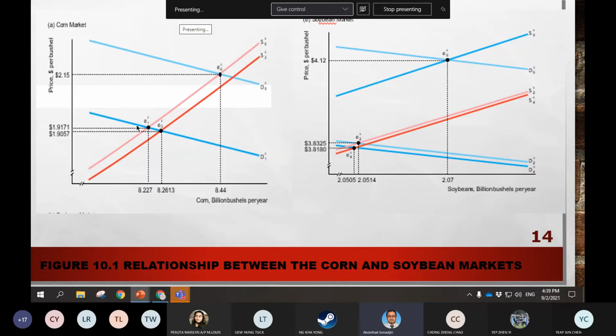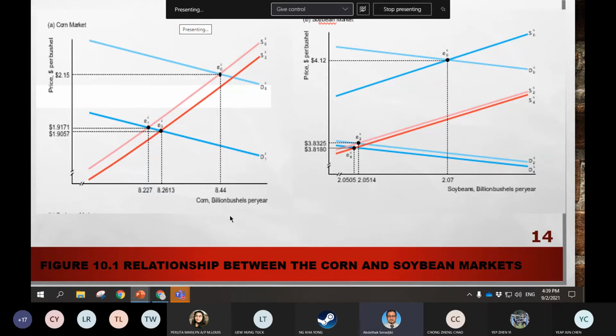And we will have a new equilibrium. D1 interact with S0 here. And we can see now the price of corn reduced from 2.15 to only 1.9171, and the quantity demanded decreased from 8.44 to only 8.227.